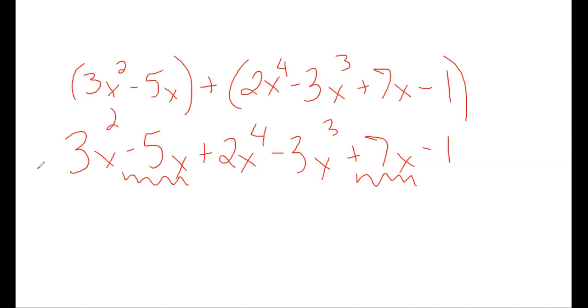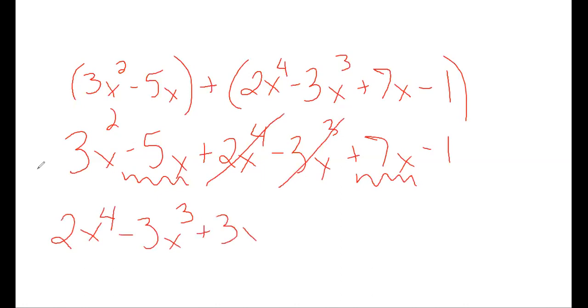So I'm going to start with 2x to the fourth. As I use a term, there is absolutely no harm in crossing it out. In fact, that's a really good strategy, so you don't have to keep looking at all the terms. The next highest would be a minus 3x to the third. Cross that out. The next highest would be a plus 3x squared.